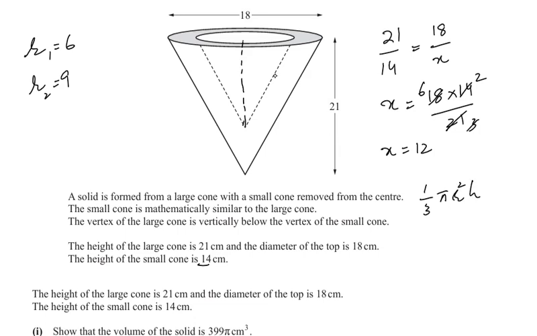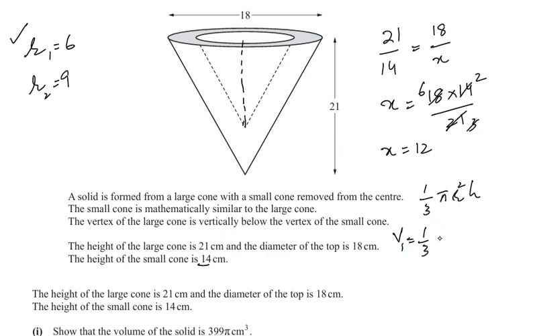Now, keep in mind that here is a larger cone where we have removed the smaller one. So we will be finding the volume of the larger cone first and then the volume of the smaller cone and then subtracting the volumes. Let's say that this is volume 1 as we are using radius 1.